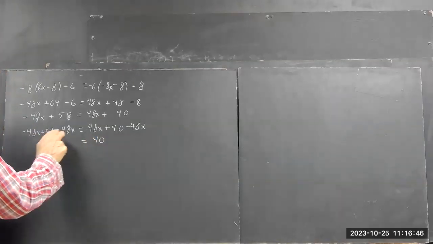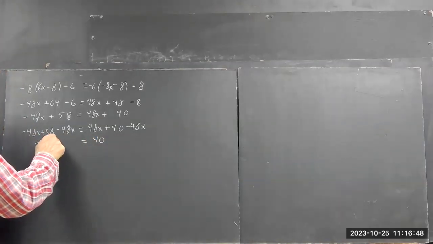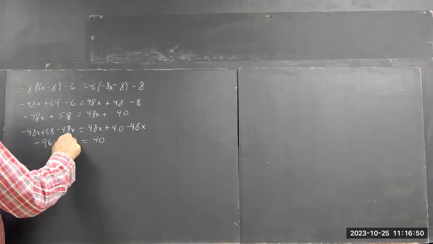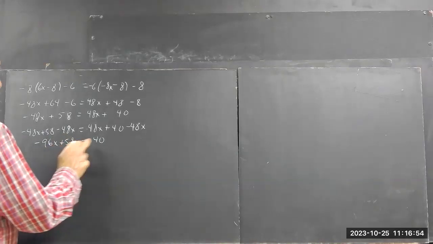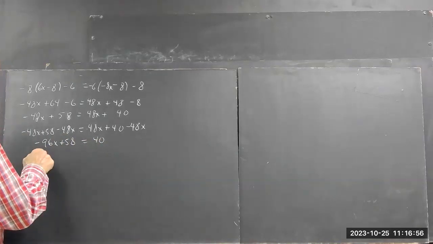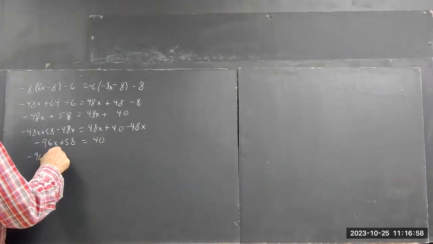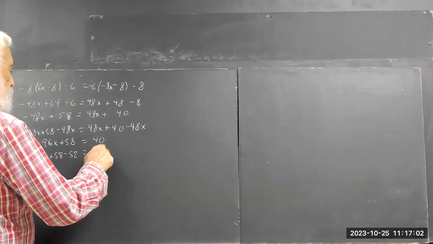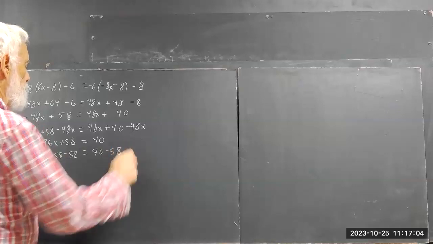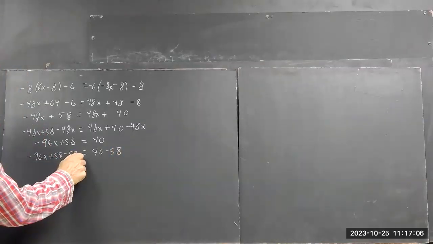And -48x and -48x is -96x. I still have the 58. Of course, I want to get the 58 on this side, so we subtract 58 from this side and subtract 58 from this side.